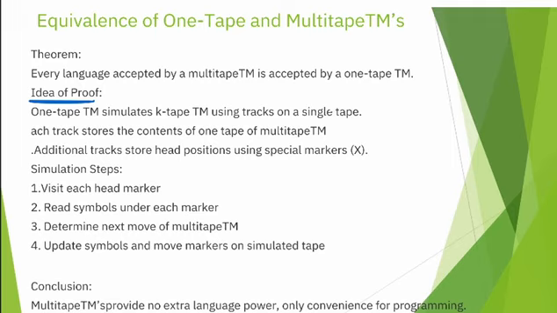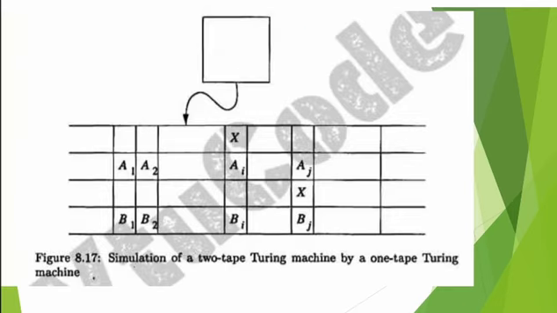Each track stores one tape's content and markers indicate tape head positions. The simulation process: visit each marker, read symbols, compute the next state, update symbols and move markers. So multi-tape Turing machines give only convenience, not additional capabilities.